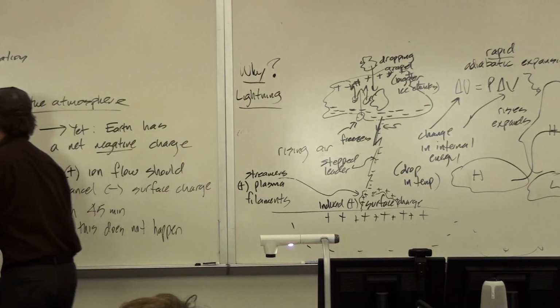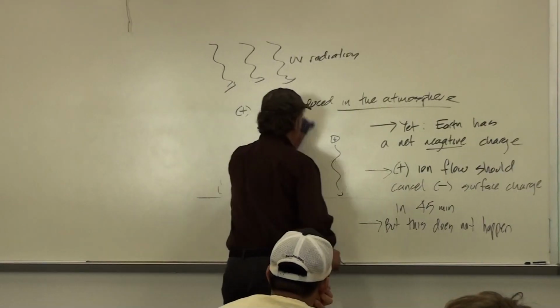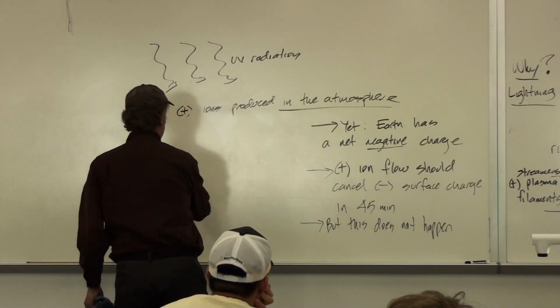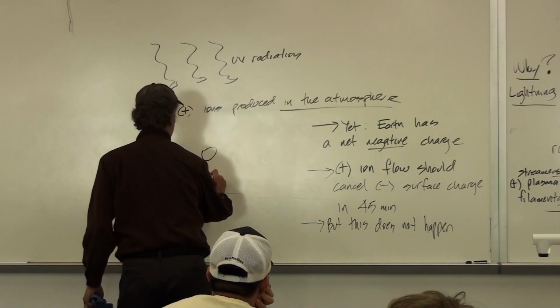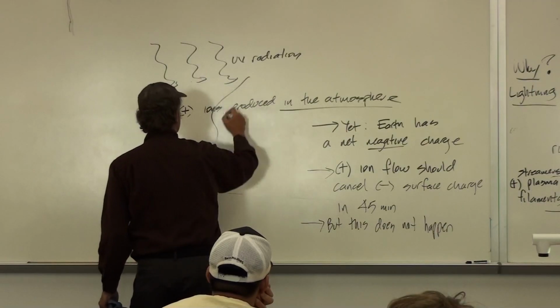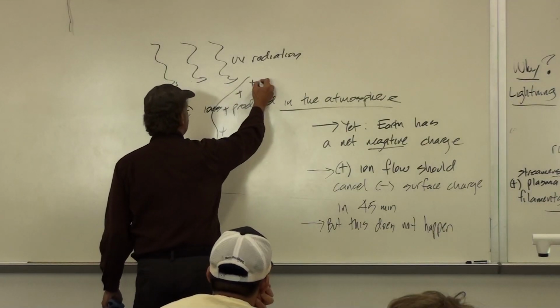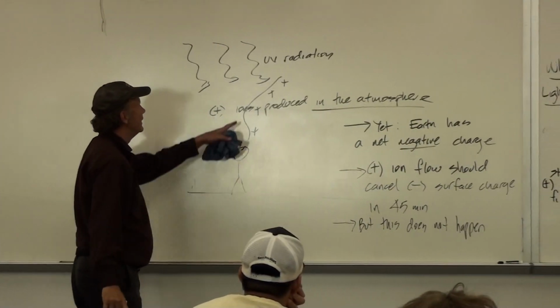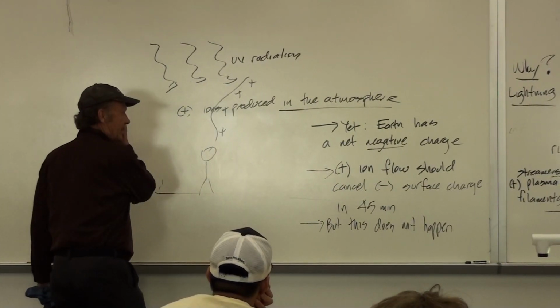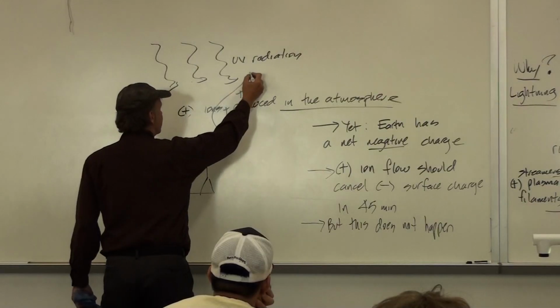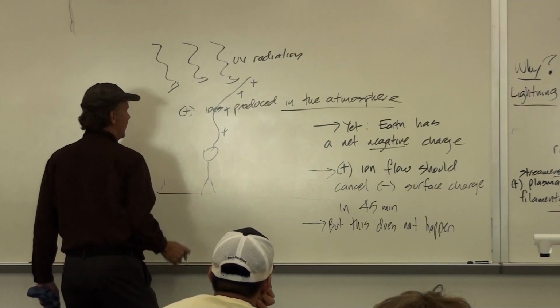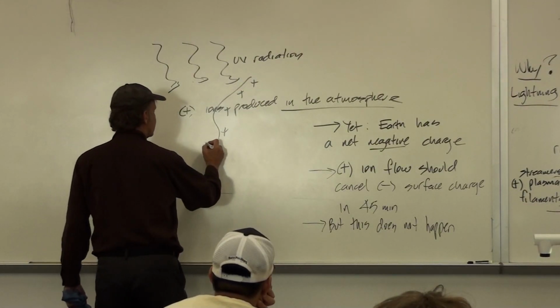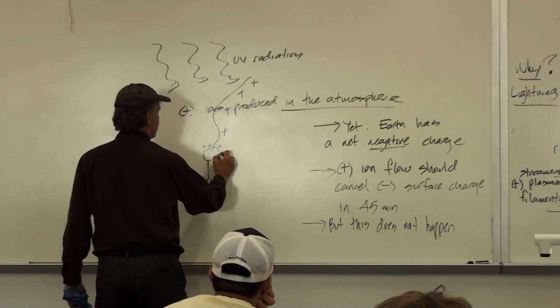So if you're standing down here on the ground, and your hair starts to stand straight out, it's because you are nearby, probably, there are other variations on this, but probably what's happening is that one of these plasma filaments is reaching up from your body to try to connect with the stepped leader.